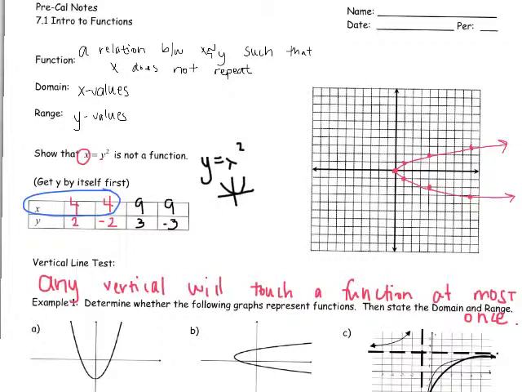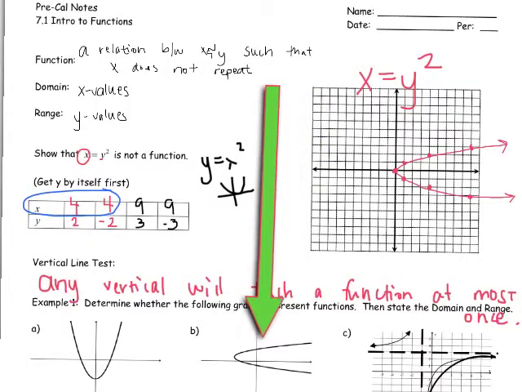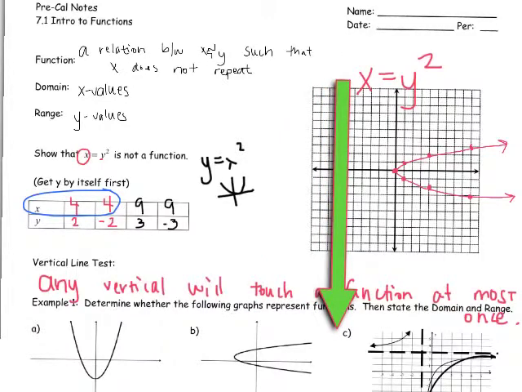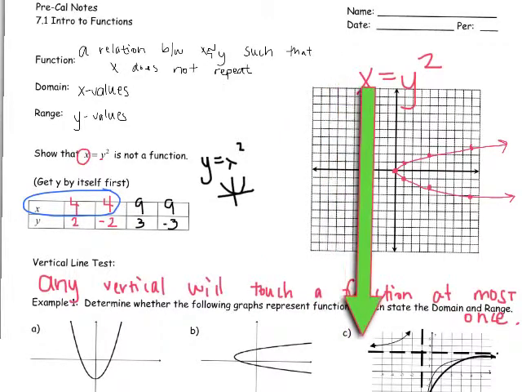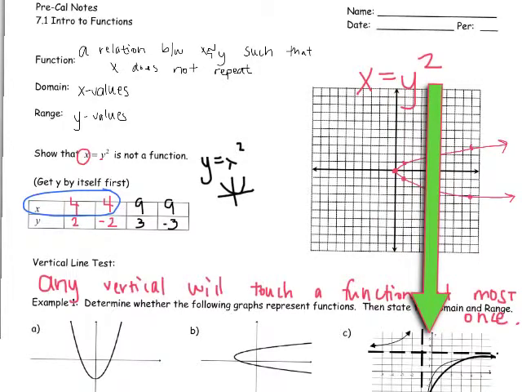So on the graph of x equals y squared, let me see. Oh, this vertical line, that would be okay, right? Because it's not touching it at all. But if I move this vertical line over here, then that's showing you it's going to fail because it touches the function here and here. And so this is why it's going to fail the vertical line test.